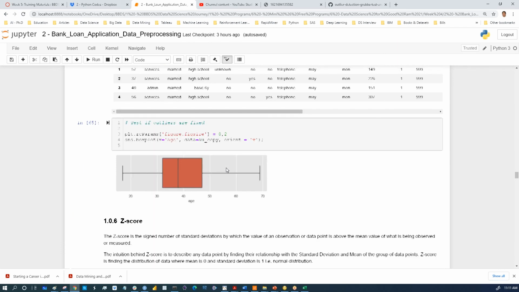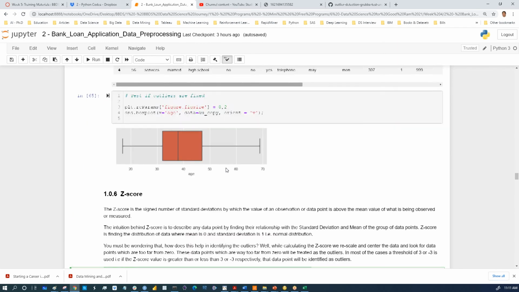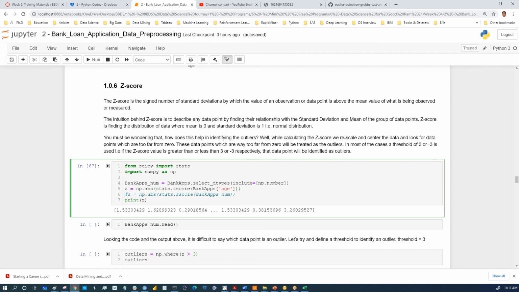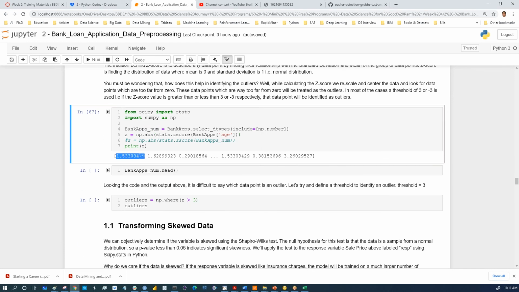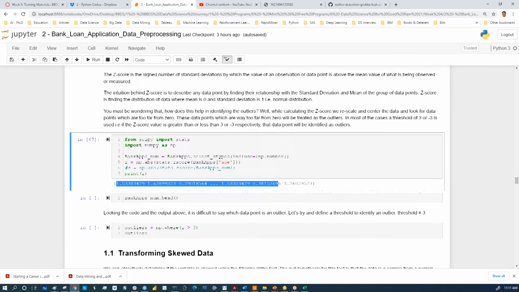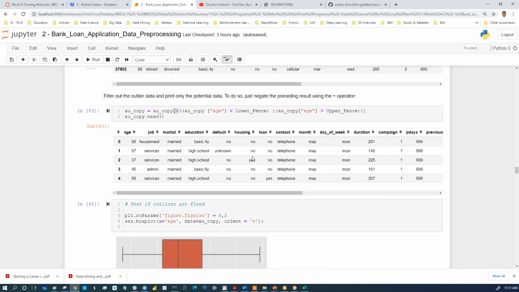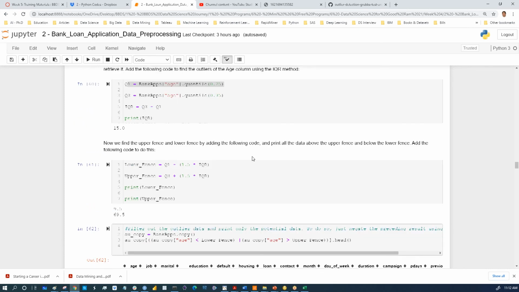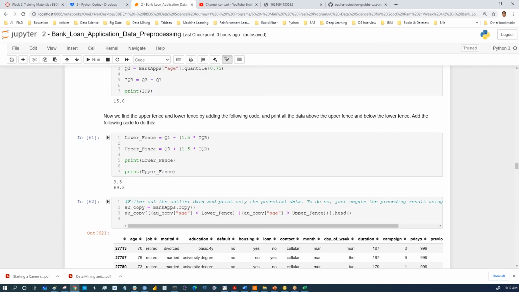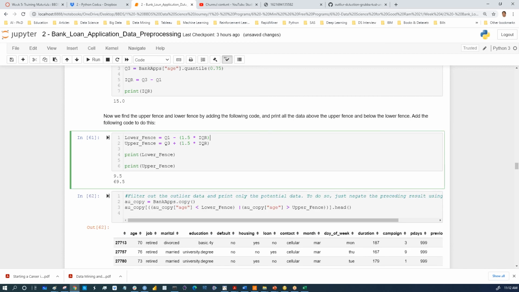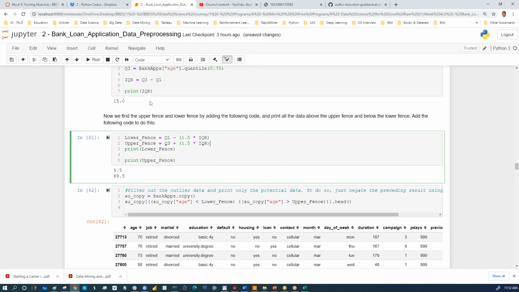Are those values supposed to be changed? If you scroll up, please. These 1.5 times IQR, and all these quartile 0.25, 0.75. So we should use these numbers as is? Yes, as is.